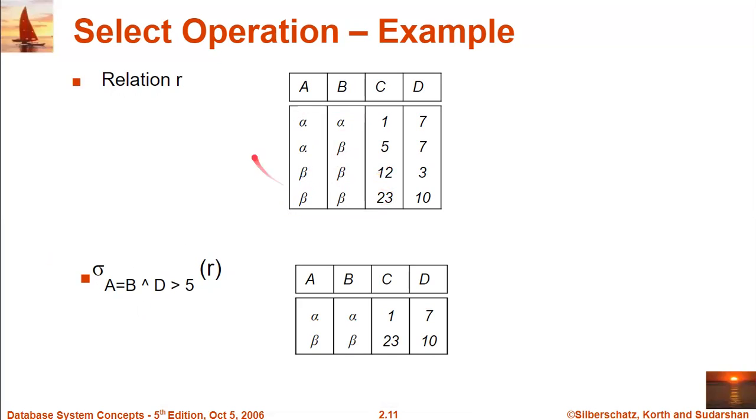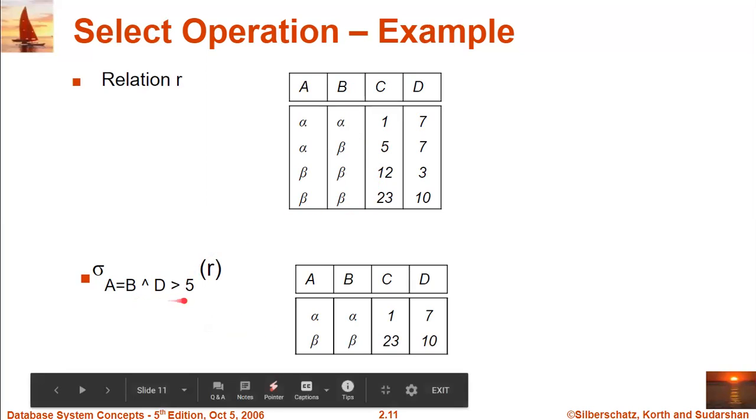But the second will be ignored, because the value of A is alpha and the value of B is beta, which is not equal. So this row is discarded, but the first, third, and fourth tuples are retrieved. Once we have retrieved these three tuples, we switch to the next condition, D greater than 5.